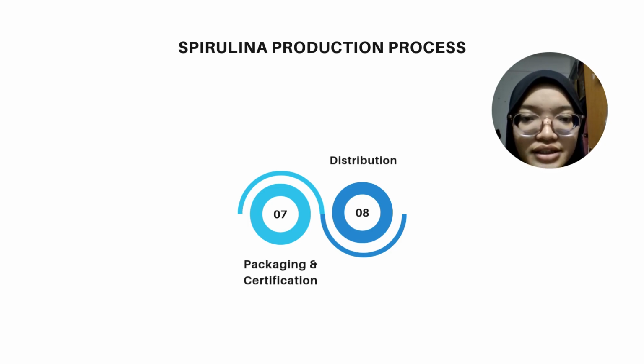And the last process of spirulina is distribution. The final spirulina products in tablet or powder form are distributed both locally and internationally, reflecting DSN's global presence in over 118 countries.